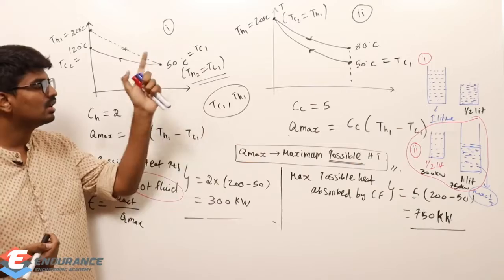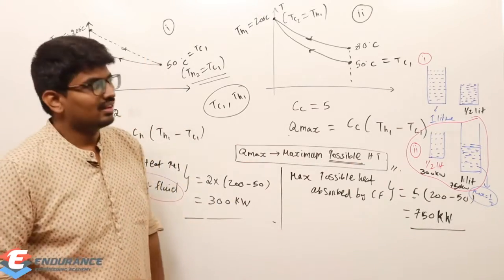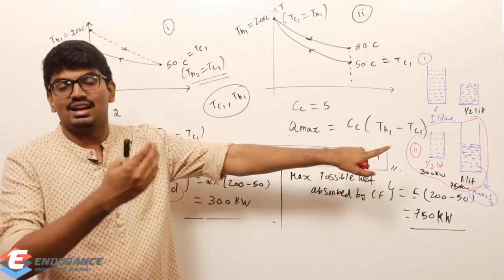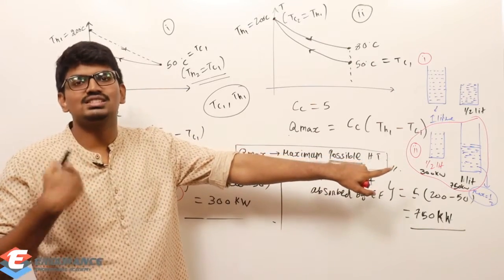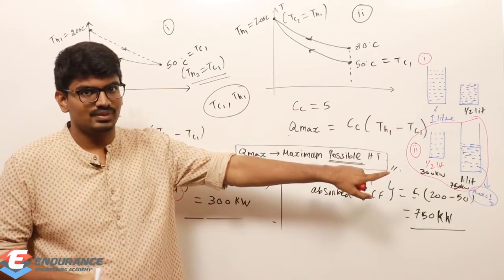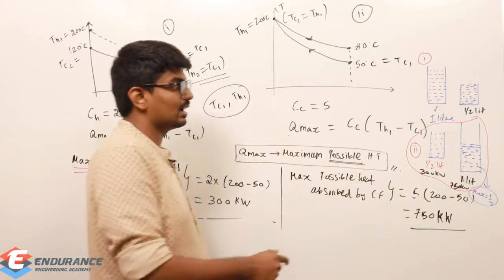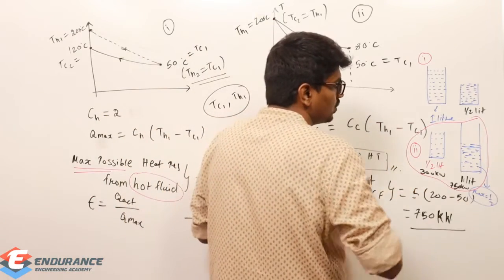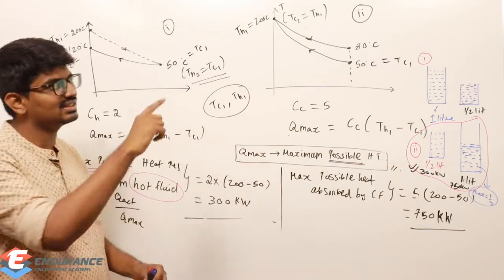So the maximum the hot fluid can reject is 300 kilowatt only, even though the cold fluid can accept 750 kilowatt. That is the issue. So compared to the two, I need to go with the one having the minimum. Same as the case there.